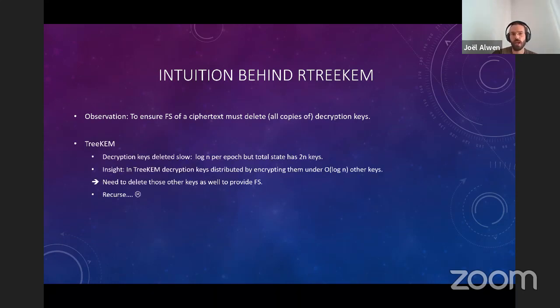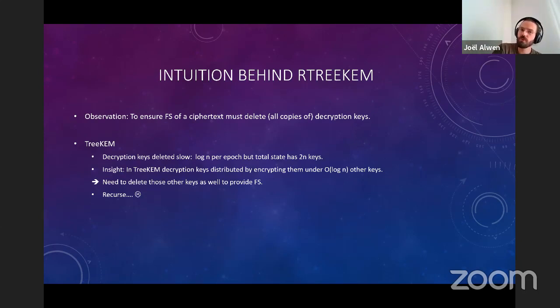If we look at TreeKEM, we see that there are only a few operations that result in people deleting decryption keys, and they only delete a small number of all the decryption keys that are part of this distributed group state, namely log n out of 2n keys. But what's worse, and this was the insight that we had, is that these decryption keys that are protecting your target ciphertext are themselves encrypted under log n keys that are again distributed over the network.